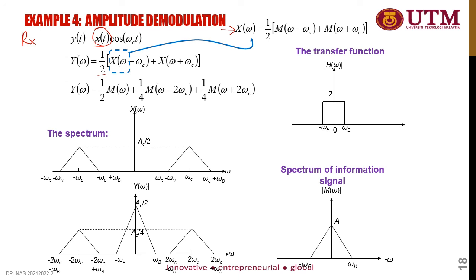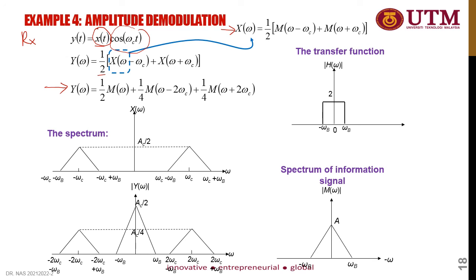Now the modulated signal is demodulated by the carrier signal. The equation can be further expanded, and the output signal you get is this, in which we have 1/4 M(omega).